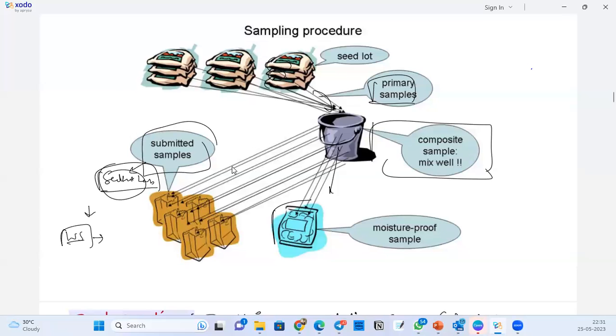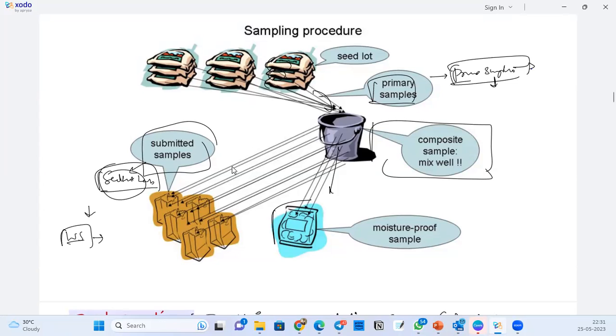I posted one important question regarding the number of primary samples that need to be taken. I think one or two of you have answered this in the group, but none of you have asked me for the explanation. Why do you forget about it? This is also a very important thing, because you might expect this question in one year or the alternative year.